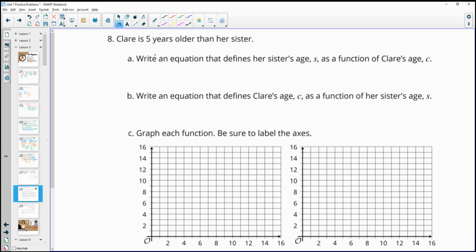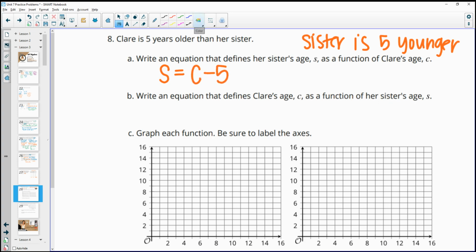Number 8, Claire is 5 years older than her sister. So we want to write an equation that defines her sister's age as a function of Claire's age. So we want to tell how old her sister is in terms of Claire. So if Claire is 5 years older than her sister, then her sister is 5 years younger, meaning her sister is Claire's age minus 5.